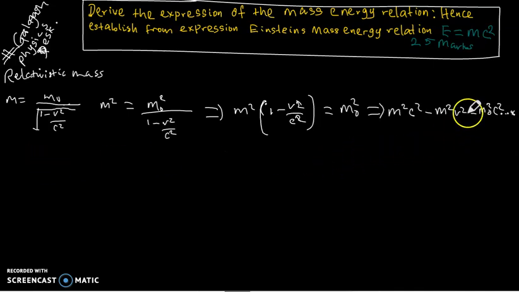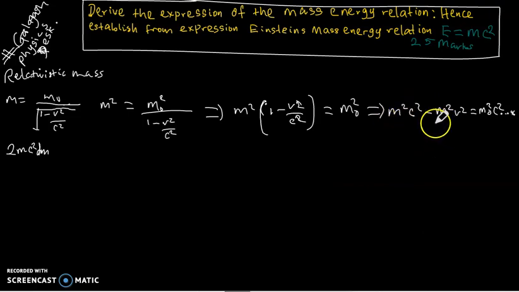So we need to differentiate this equation star with respect to m. If we differentiate the m squared c squared, we will have 2mc squared dm. This is with respect to m.